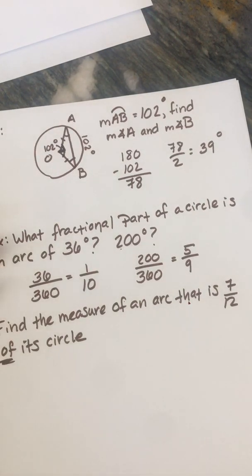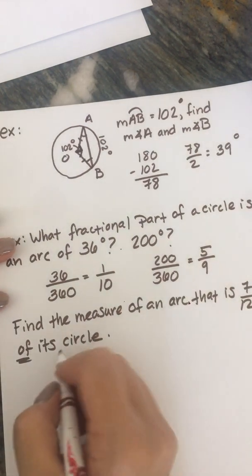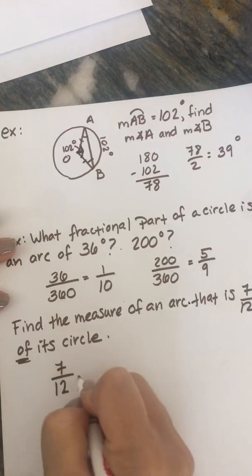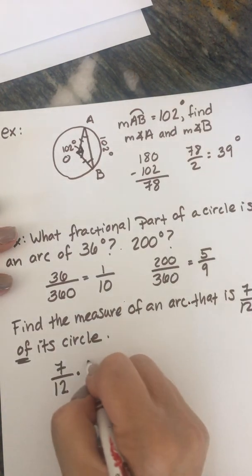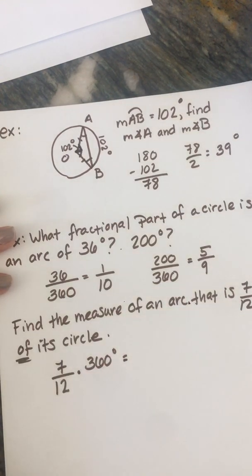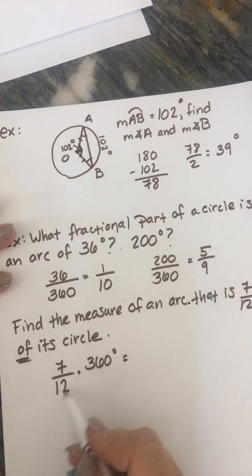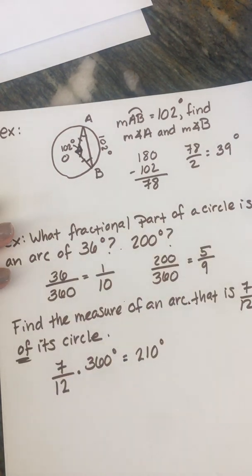Of. Of in math means multiply. So we've got 7/12 of a circle. What's a circle worth? 360 degrees. So you multiply it together, do a little cross canceling, 210 degree arc. All right, so there you go.